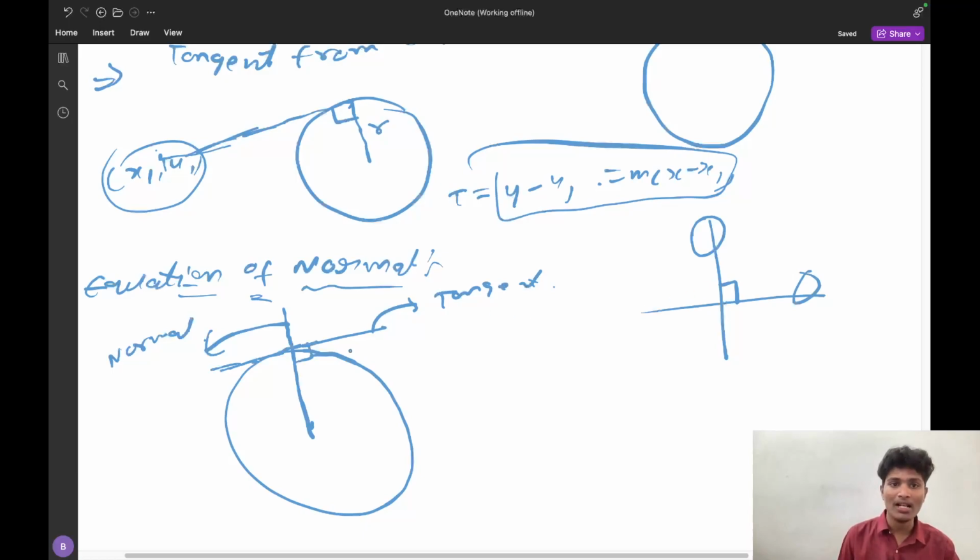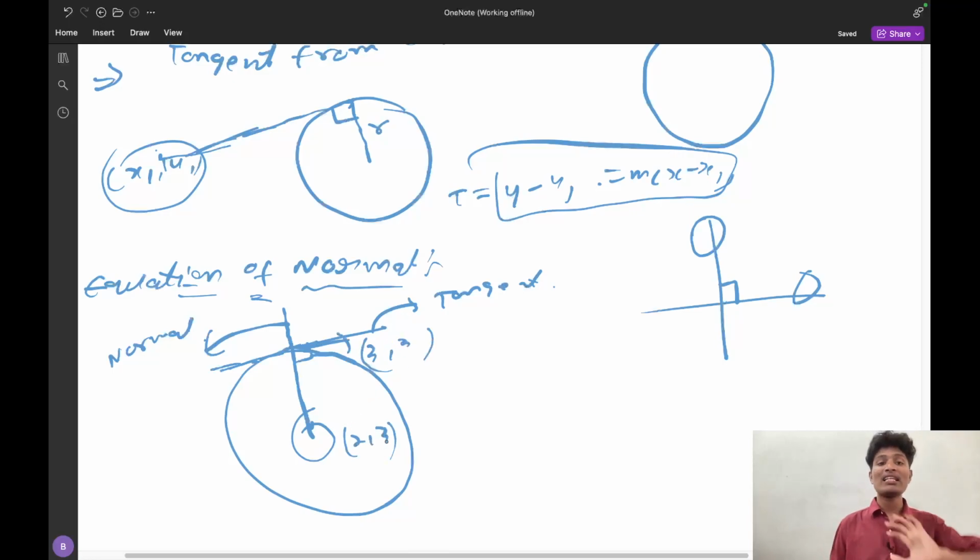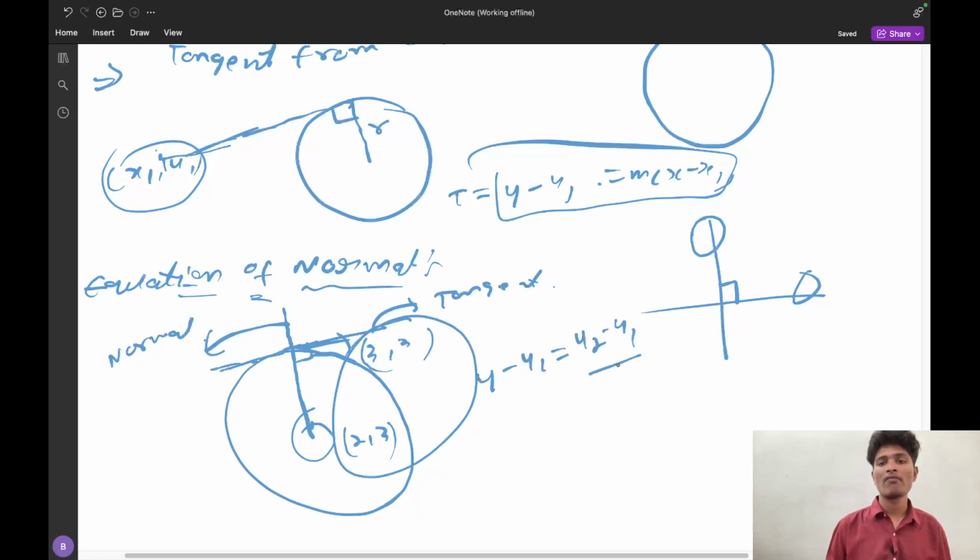But in case of circle, the normal always passes through the center. So if the tangent point of contact is given as 3, 2 and the circle center is given as 2, 3, there is no need to find another equation of normal. Just simply solve these 2 points and find the equation. How can you find it? y minus y1 equal to y2 minus y1 divided by x2 minus x1 into x minus x1.